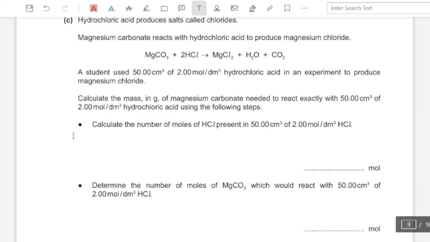So we get the volume as 0.05 dm³, and as we know, the formula for calculating moles is concentration times volume when given these values. So we're going to be multiplying this value 0.05 with the concentration, that is 2, and we get the answer as 0.1 mole.